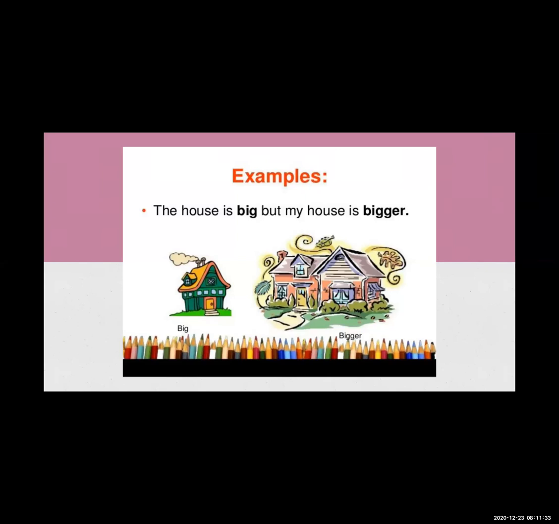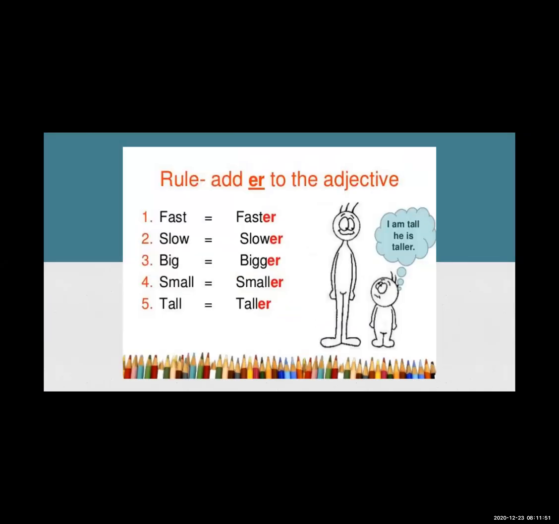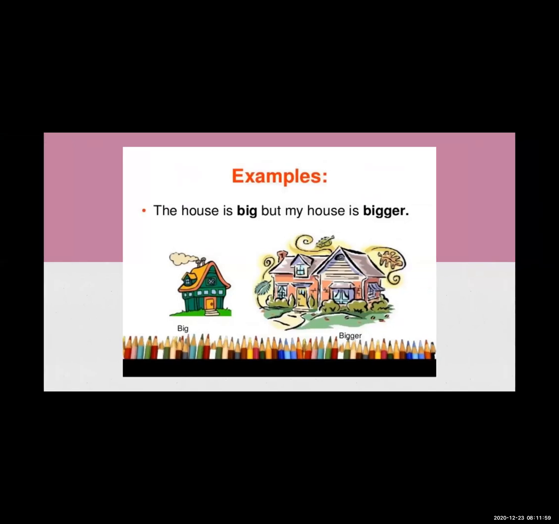So over here the adjective is big and we are making a change in that by adding er. You are getting the main change we have to make over here. As we have seen, these were all examples of how to make the changes. So the house is big but my house is bigger.